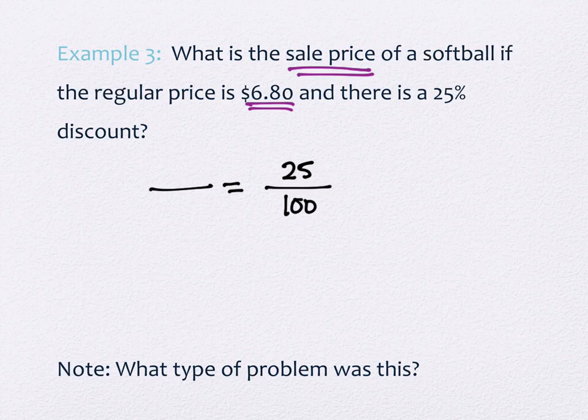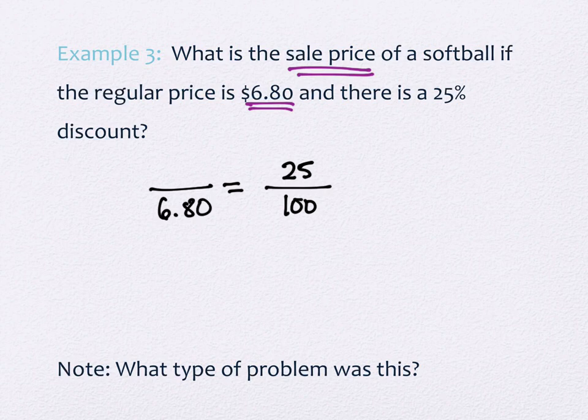We have to figure out where we put $6.80. Is $6.80 the 100% price, or is $6.80 the price of the sale, which is on top? Does it have to do with sale price? Callie? It's the 100% part, right? It's the original amount. What was 100% of the original cost? This is where $6.80 goes. Okay, does that make sense, everyone?